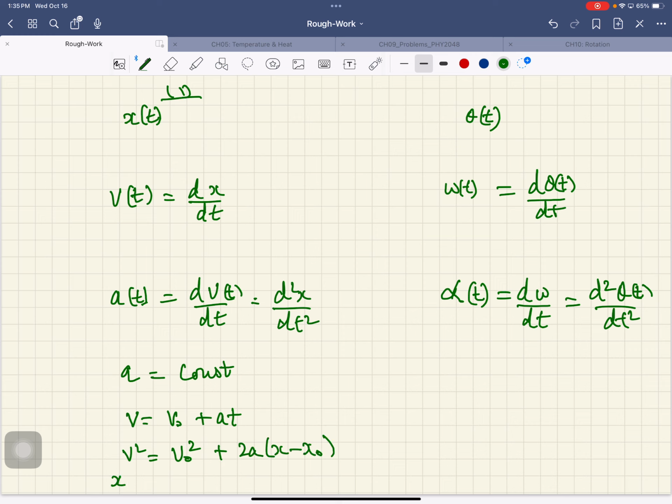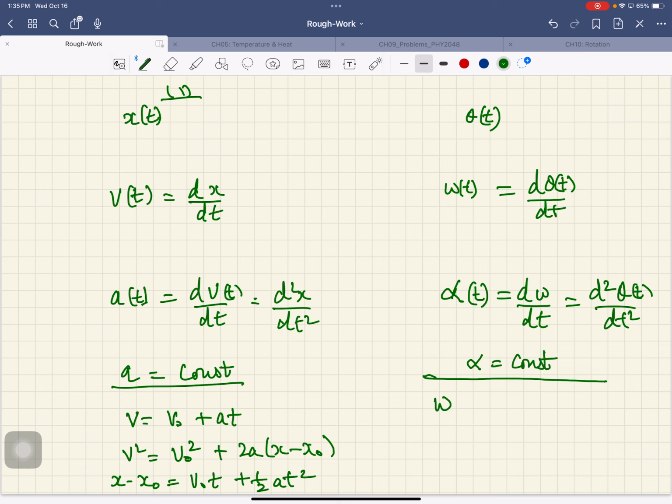And x minus x naught was equal to v naught t plus 1/2 at squared. So you'll get exactly analogous, very similar formulas when alpha, angular acceleration, is constant.